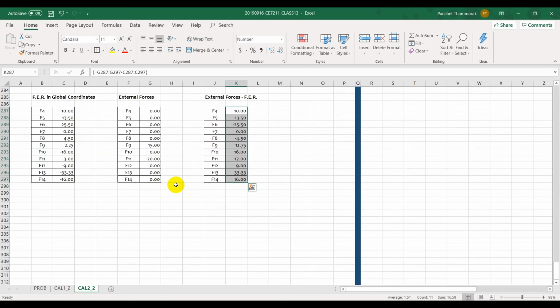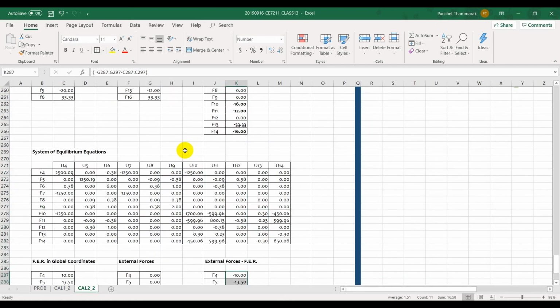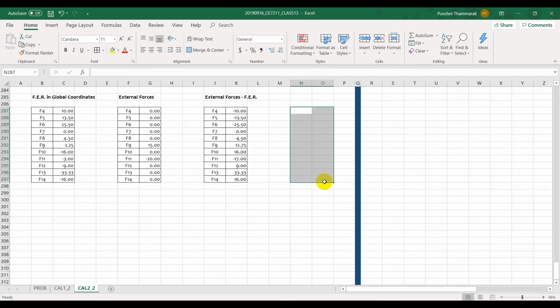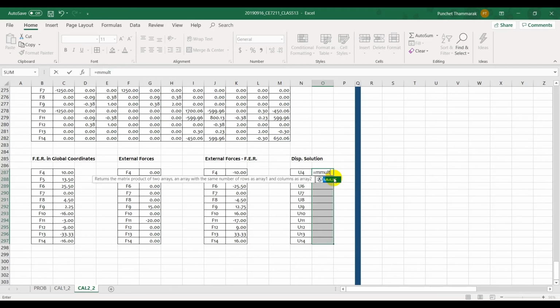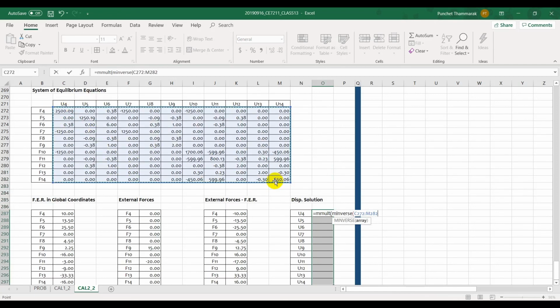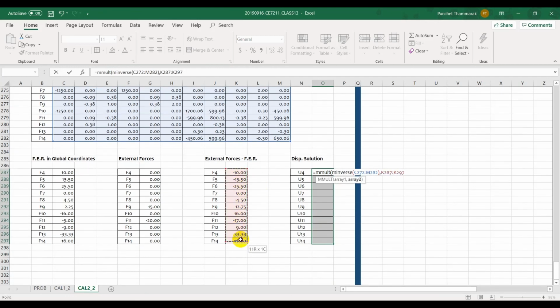Okay, and now the displacement solution will be obtained in the following: U4, U5, well, I think we can copy down and we center it, and this is equal to MMULT of the inverse of the system stiffness matrix multiplied by the externally applied loads minus the fixed end reaction. I hit Control Shift Enter.